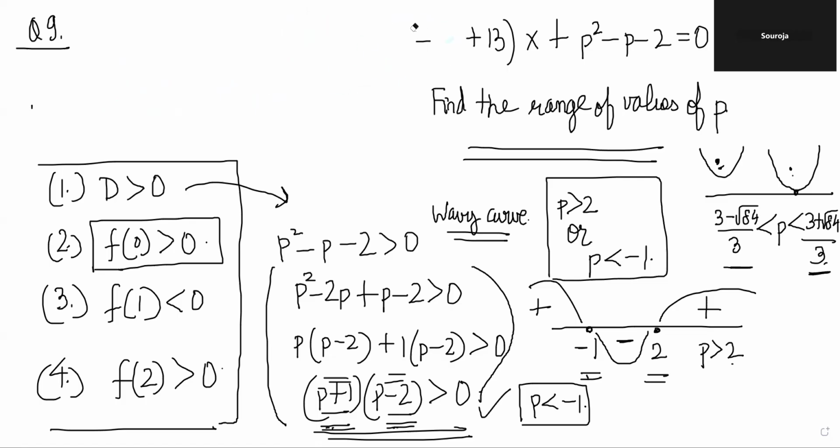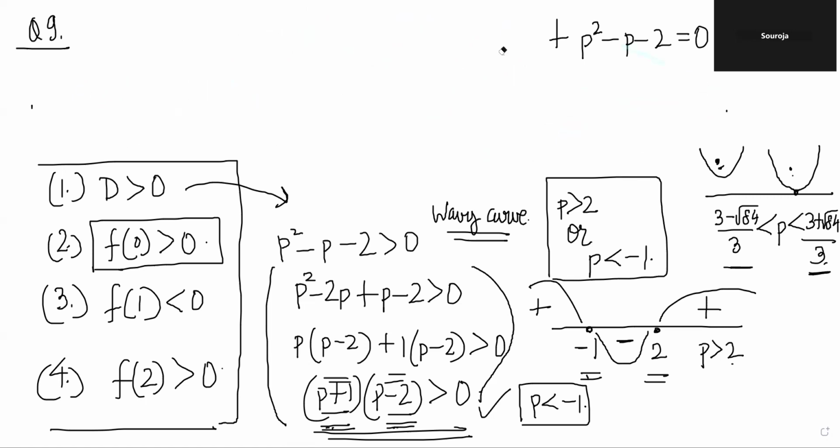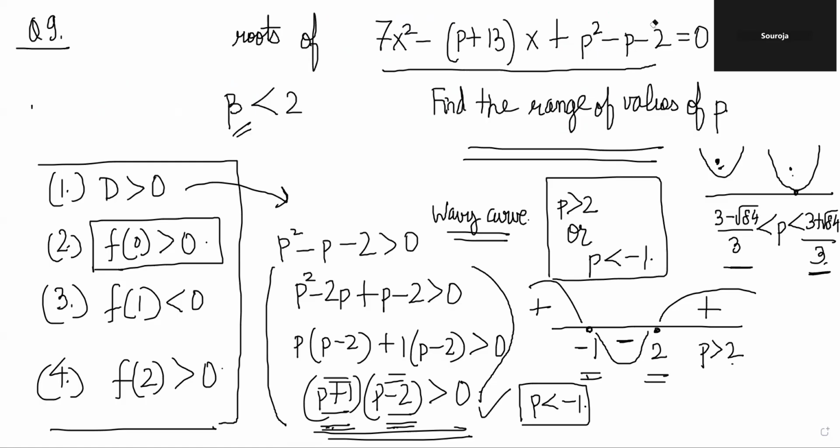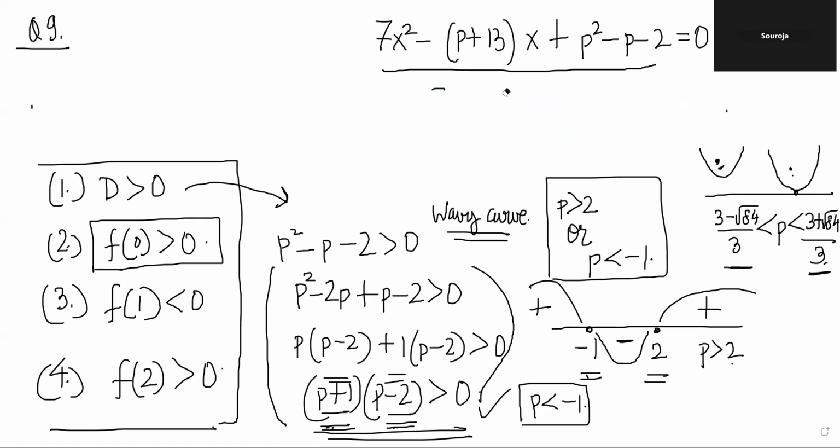For f of 1, we get -2 is less than p is less than 4. I got the same for f of 0 and f of 1. Okay, one second.